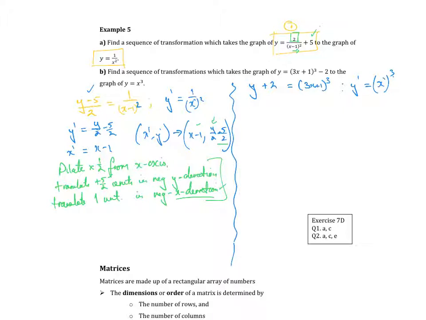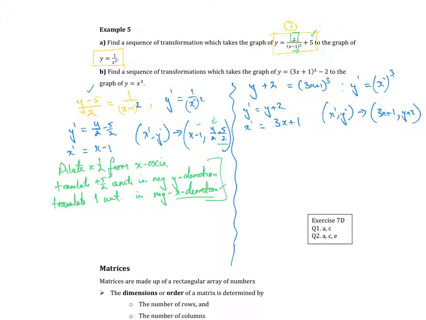All right, so we can equate our terms. I can see then that y dashed will equal y plus 2, x dashed will equal 3x plus 1. And I've already got my (x dash, y dash) is equal to (3x plus 1, y plus 2).